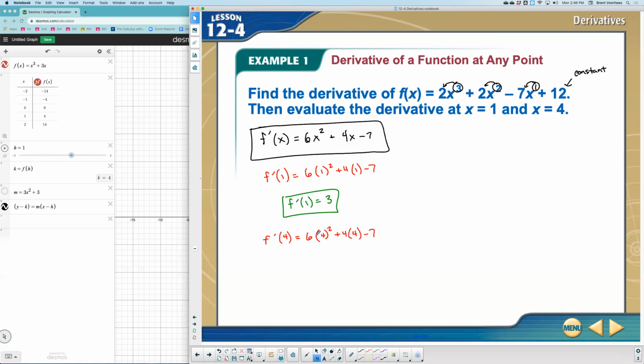The exponent goes first. Now I multiply this out. 6 times 16 is 96. I need to rewrite this out here. 96 plus another 16 minus 7. So that's going to be 105. F prime of 4, or the derivative of f at 4, equals, oops, not -7, 105.